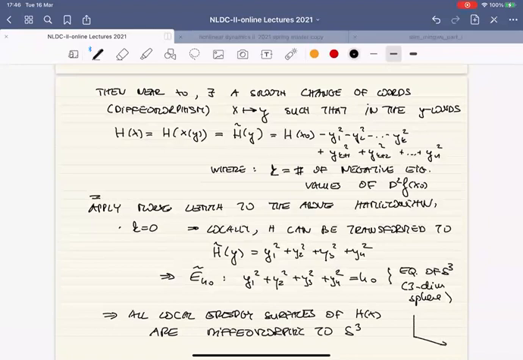I've known that all energy levels are nice manifolds away from the origin, but I know a little bit more now, that they are, in fact, all of them spheres, hyperspheres, sometimes we say. So this is my local energy surface. All my trajectories near the origin are confined to sets that are diffeomorphic to three-dimensional spheres.